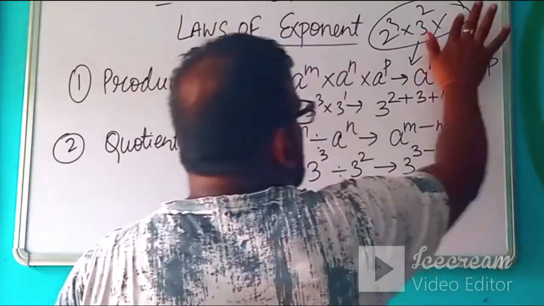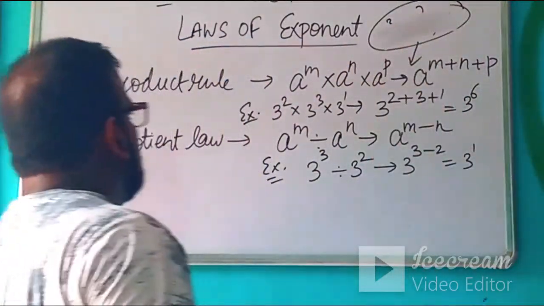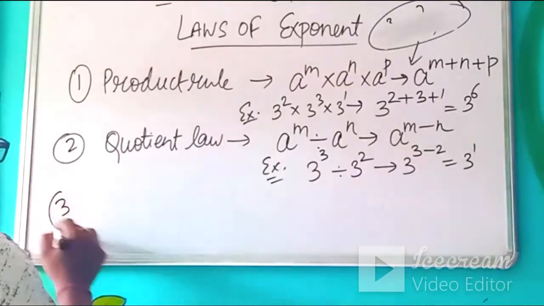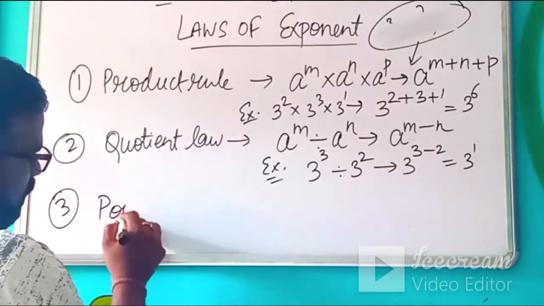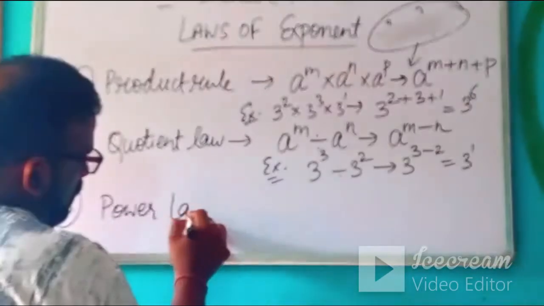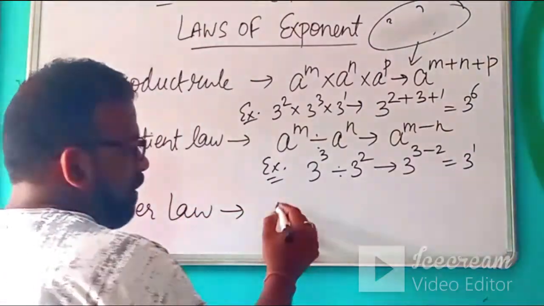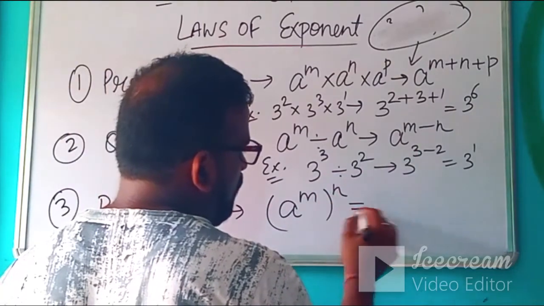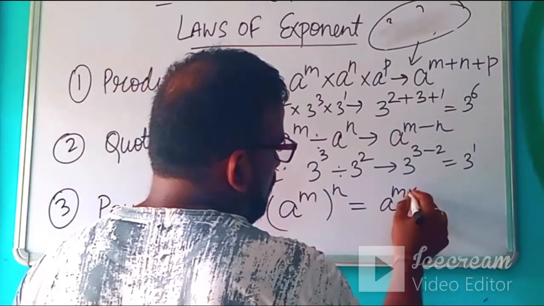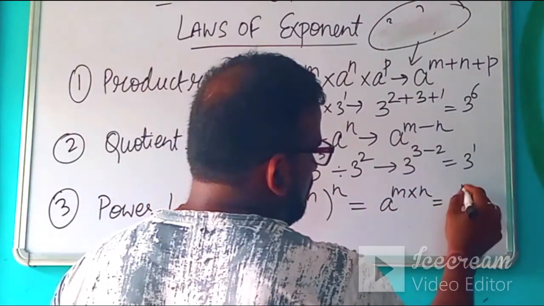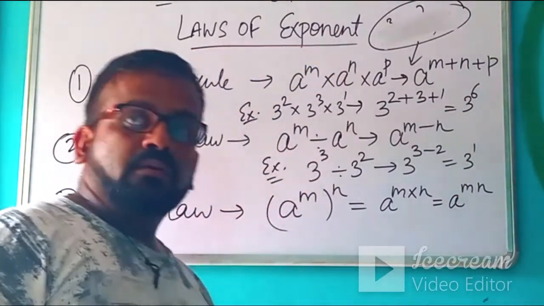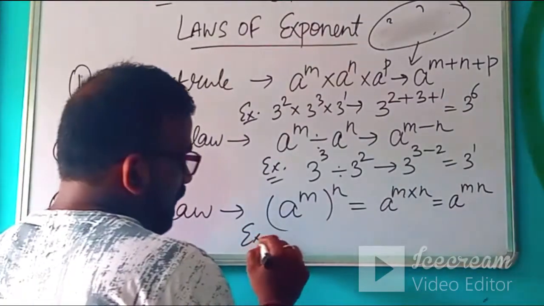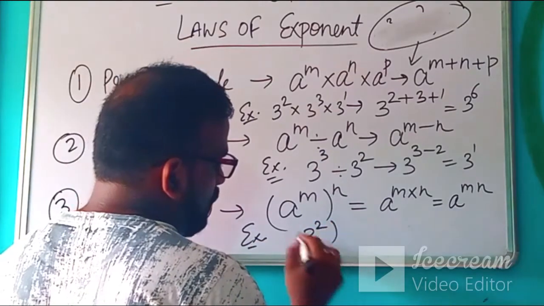Then the third, another important one, is the power law. What is the power law? If a number has a power and then a whole power over it, in that case we will simply multiply the powers. For example, suppose I write 3 to the power 2, whole to the power 3.